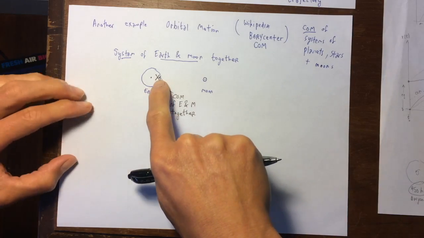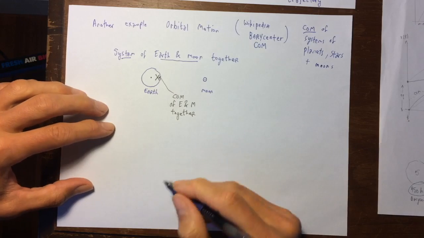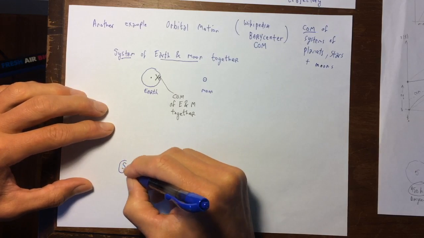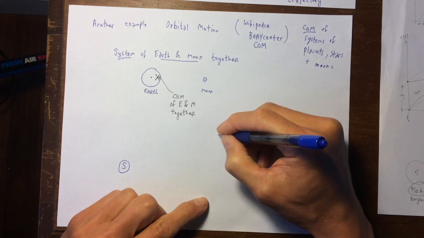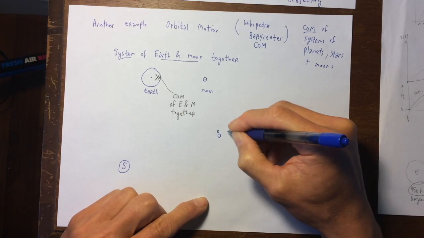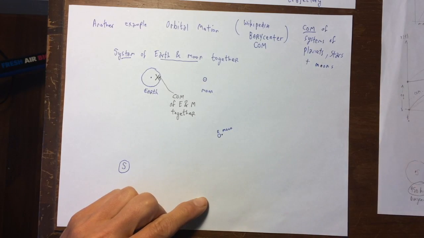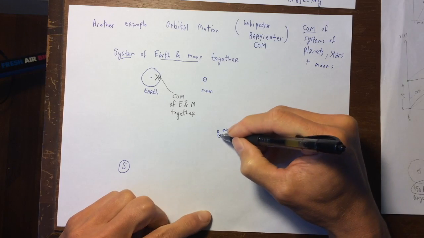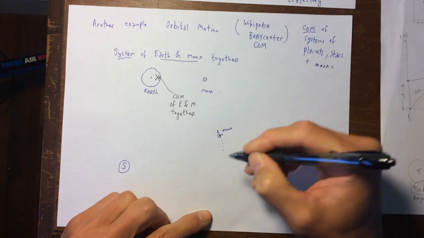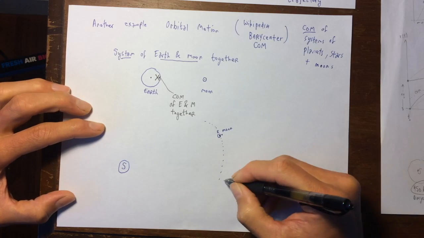And this little Barycenter is what orbits the Sun in an ellipse. So here is the Sun, and here is the Earth and the Moon. But the Barycenter is the thing that marks out the trajectory or the ellipse.